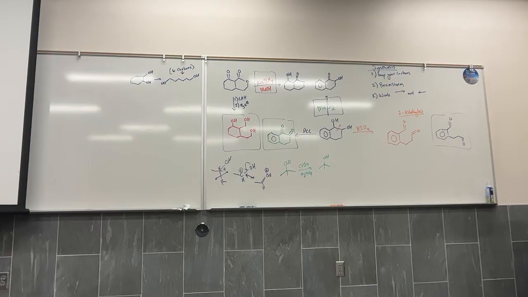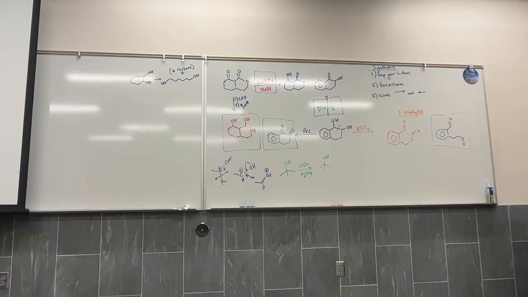HBr and H2O2 runs anti-Markovnikov HX addition. But we are not looking for HX. We're looking for halohydrin addition, which according to our Ochem review reactions is X2 and water, not HX and hydrogen peroxide.